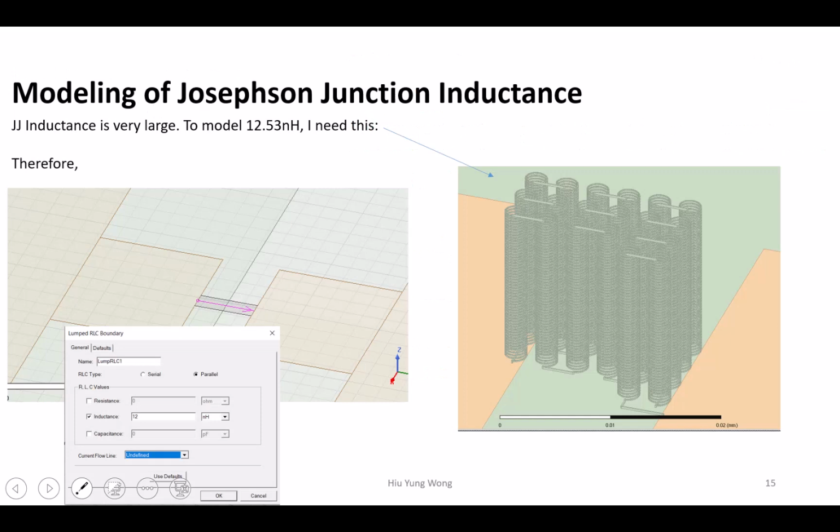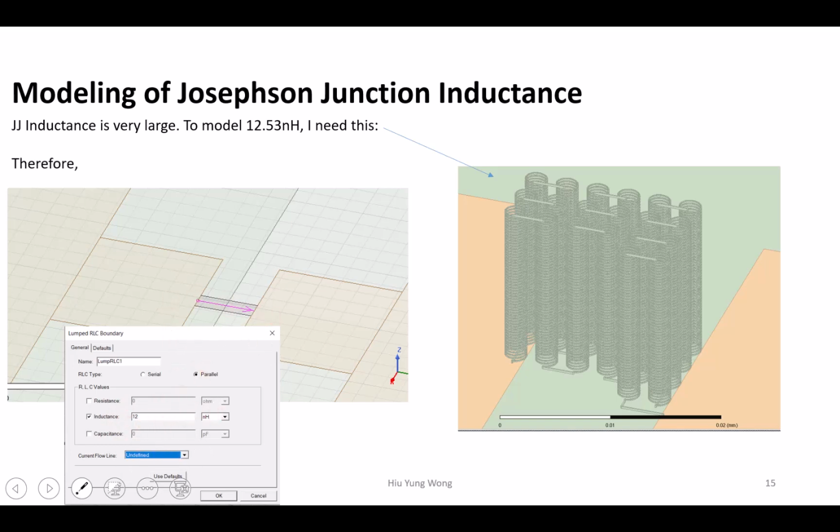Now, something that we overlook is, how about the Josephson junction energy? HFSS cannot simulate superconductors. It cannot simulate a Josephson junction. So what do we do? If you remember in part 1, you were asked to draw a line and then assign a lumped RLC boundary. What we did is just apply, for example, 12 nanohenry to here.